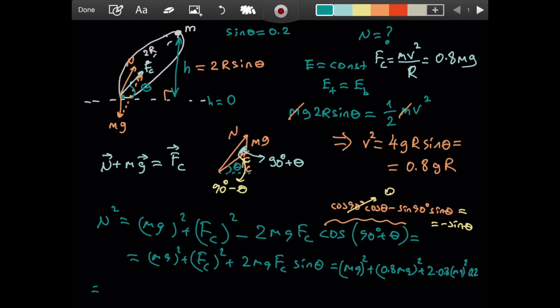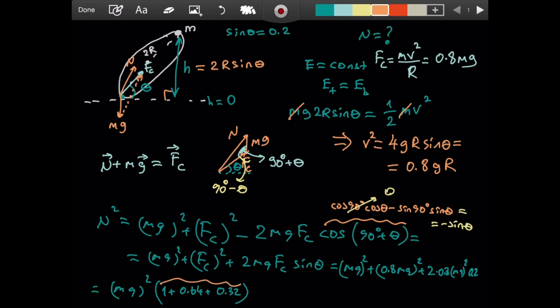Let's calculate it. So we will have (mg) squared, that's for sure. And what is the summation of the coefficients? We have 1 plus 0.8 squared, that is 0.64, plus 2 times 0.2, that is 0.4, 0.4 times 0.8, that is 0.32.